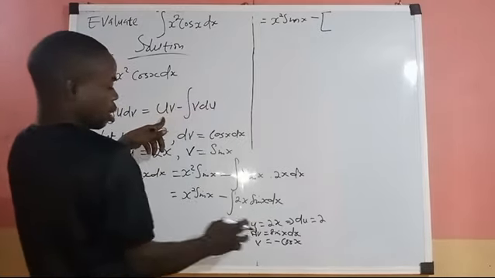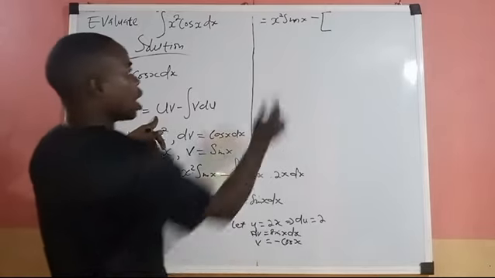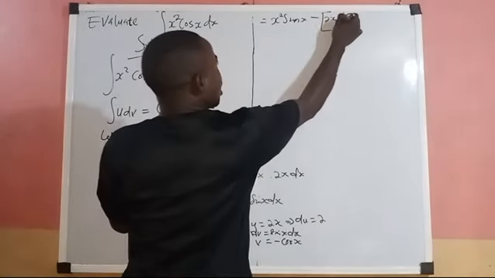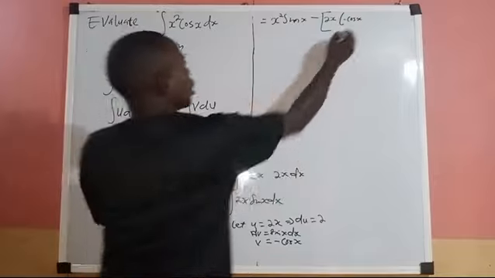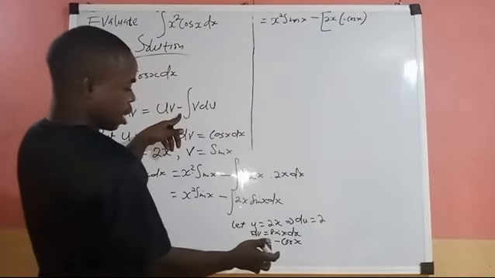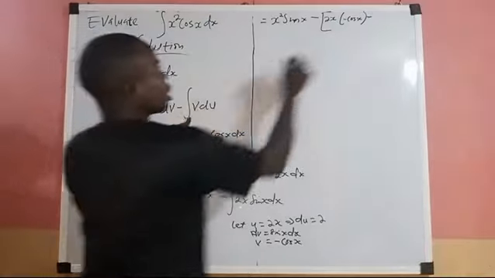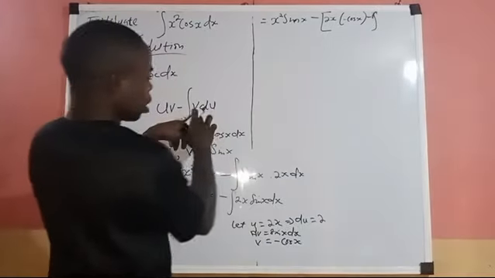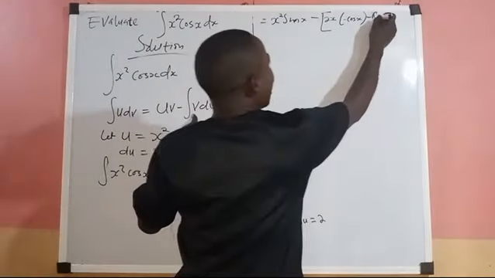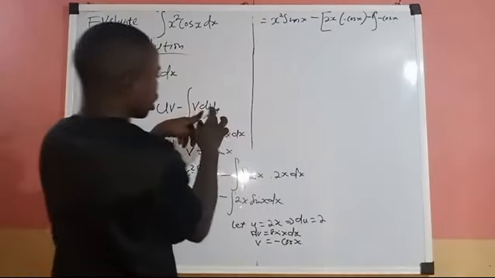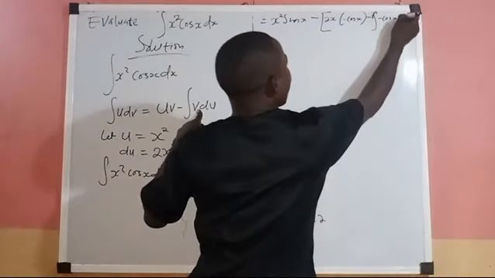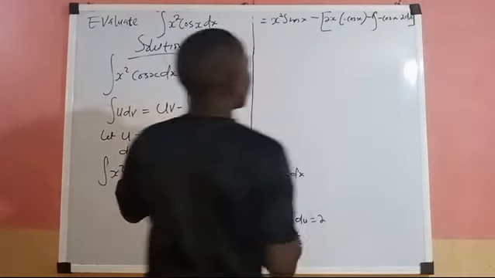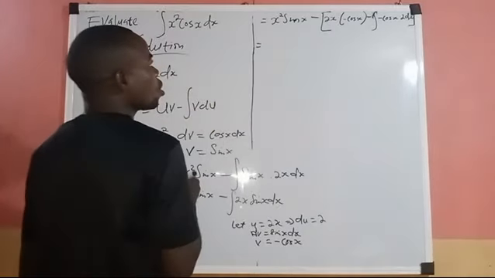My u is 2x right here, so this is 2x, then my v is minus cos x, then minus the integral of v, which is minus cos x, times du, which is 2, and then we have our dx right there. So we also have our bracket closed.